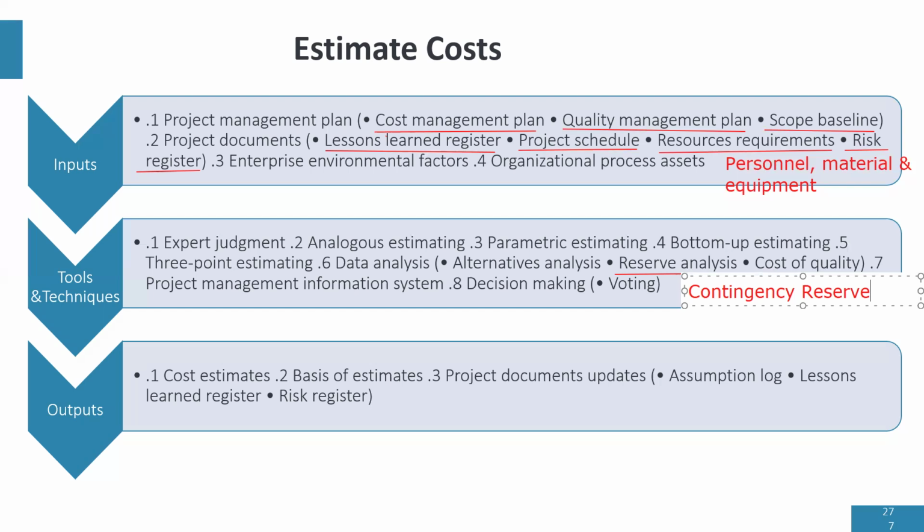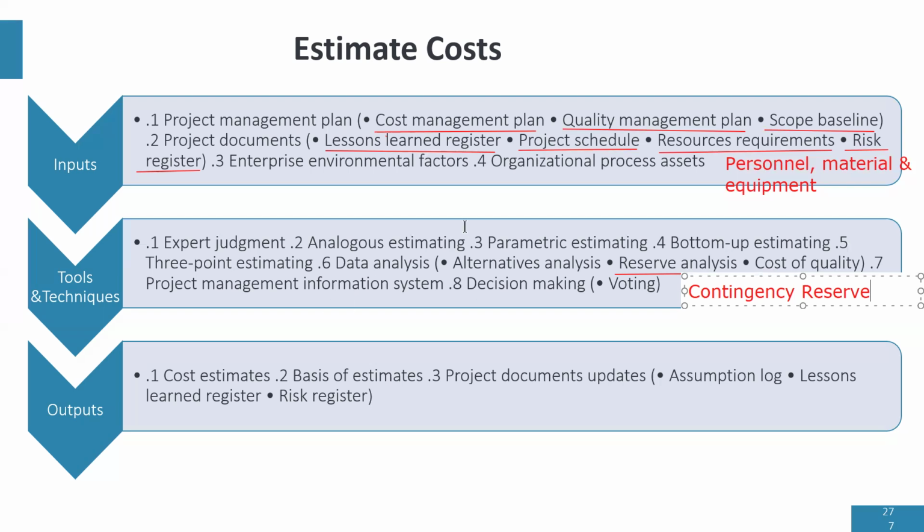So let's say I am budgeting 20,000 naira for a trip. I probably want to take 10,000 naira as contingency reserve as minimum. So contingency reserve is the amount of money you keep aside for risk you've identified, right?